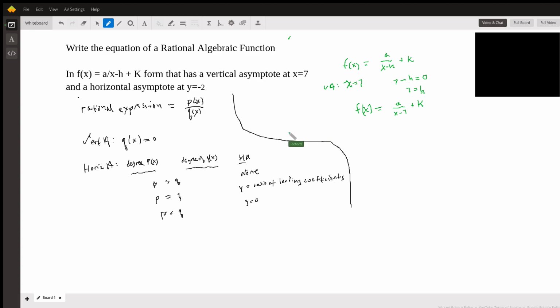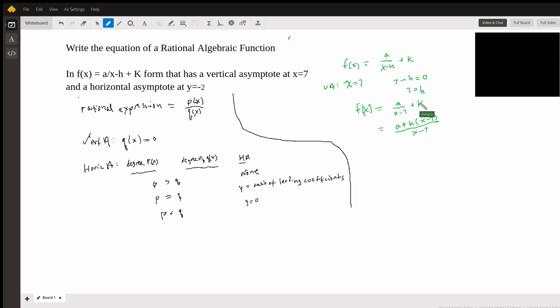To get the horizontal asymptote, we have to write the expression this way and combine them. So you can see this is just a common denominator issue. Hopefully you can see that step without much trouble.